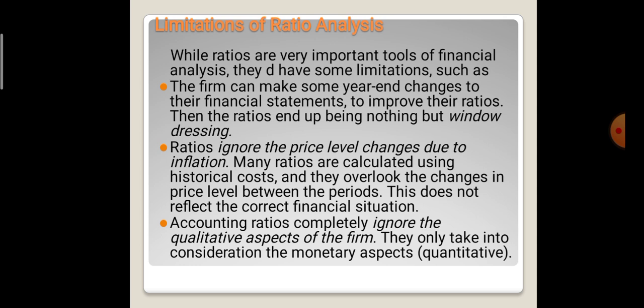Next, dependability of base data: ratios can be only as correct as the data on which they are based. If the original data is not reliable, then ratios will be misleading. Accounting ratios completely ignore the qualitative aspect of the firm. They only take into consideration the monetary aspects, quantitative only.